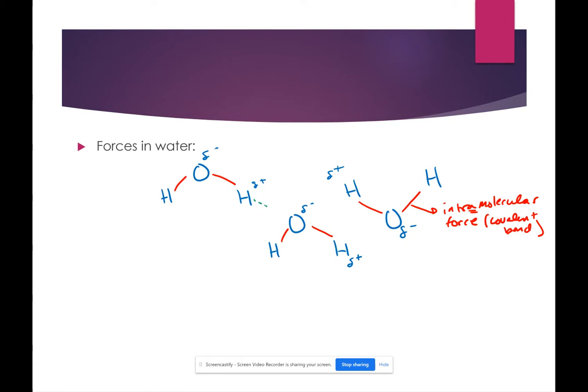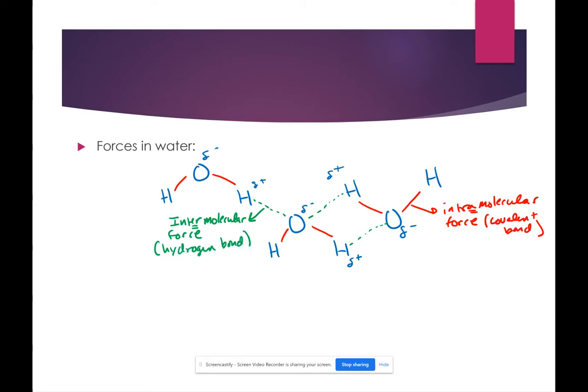And so I will make that green. That's attracted to that, that one's attracted to that, that one's attracted to that. And so that is your intermolecular force. This one is called a hydrogen bond.